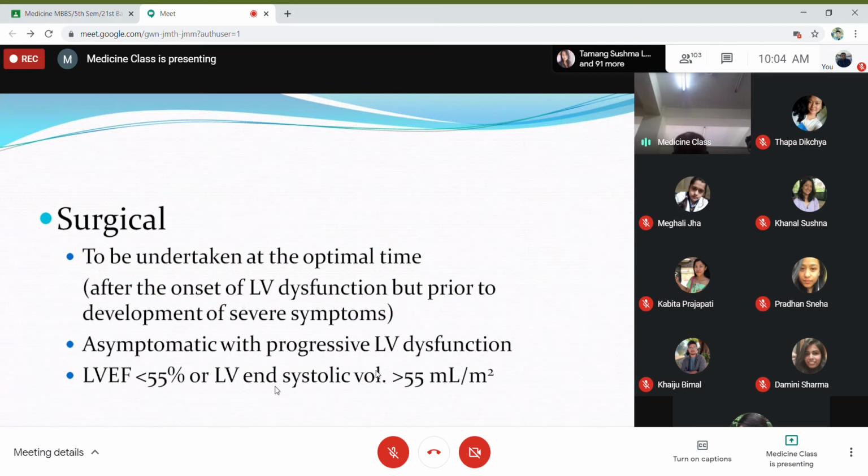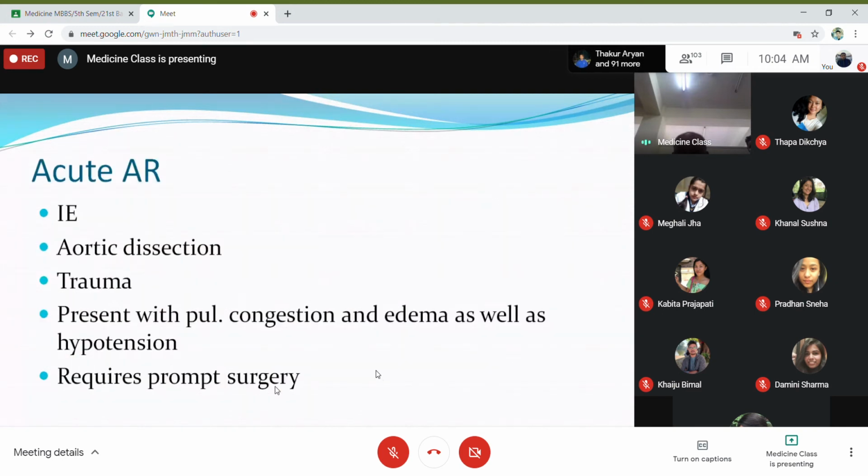There's a term called acute aortic regurgitation. It sometimes happens, especially when the patient has infective endocarditis or aortic dissection, or because of myocardial infarction, the patient may develop acute aortic regurgitation.